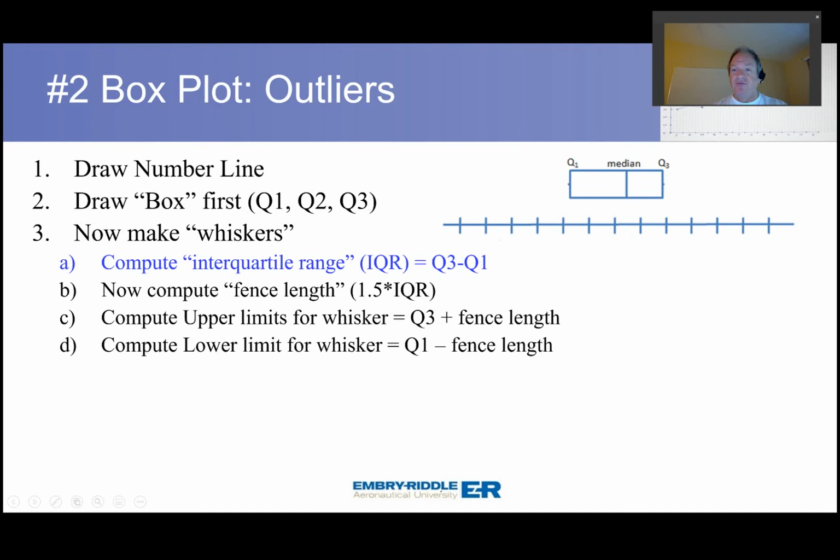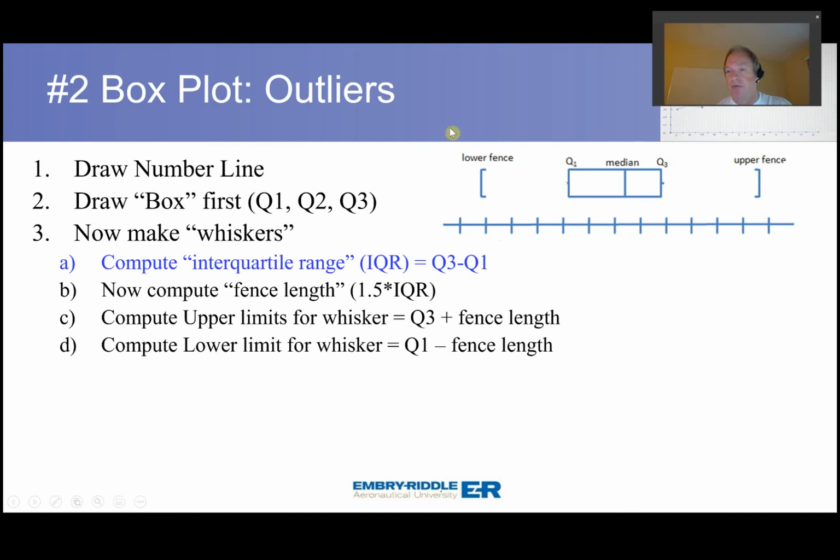And from that fence length, we're going to create a kind of little region here that's going to contain all the non-outlier points. So from Q3 to the upper fence length, this is going to be where all the data values that are non-outliers can be.